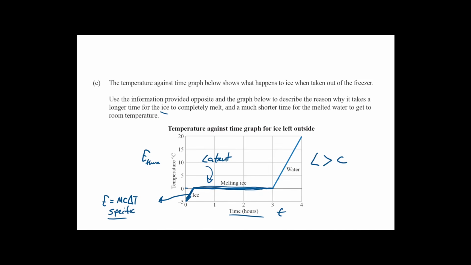And then as soon as it's melted, the latent heat is irrelevant, really, and then it just keeps going up. And if you notice the slope here, the slope here is going to be the same as the slope here. And that would be the answer to that one. So some variation of what I said there would be.